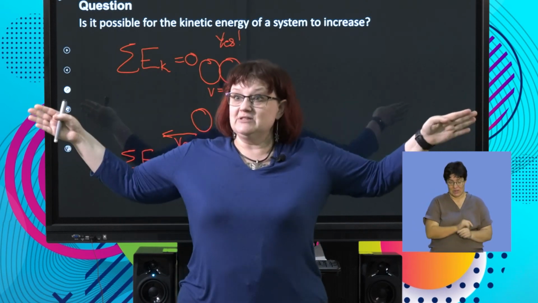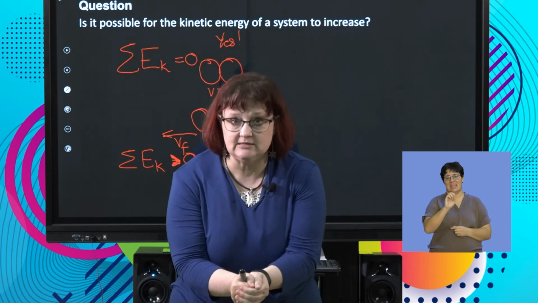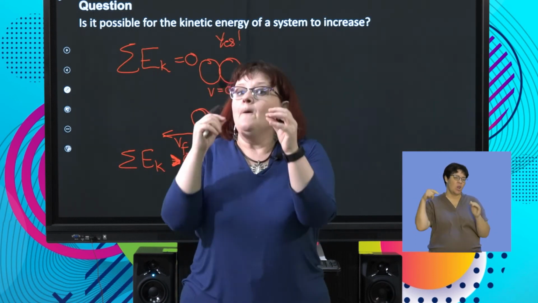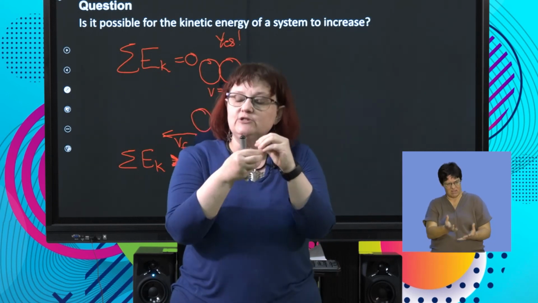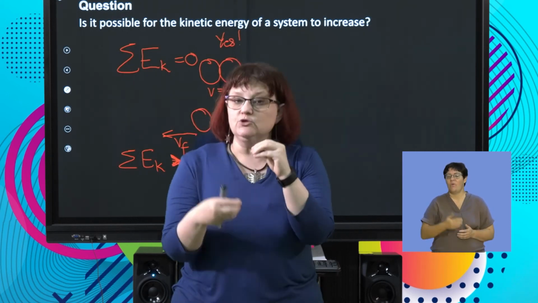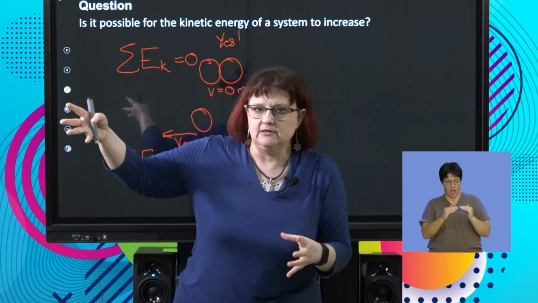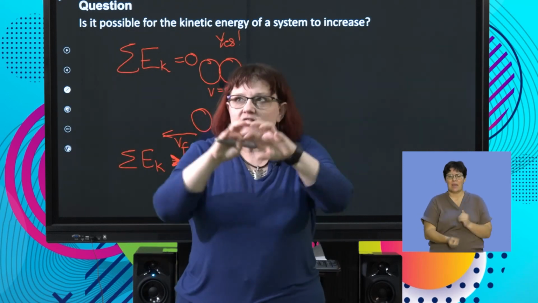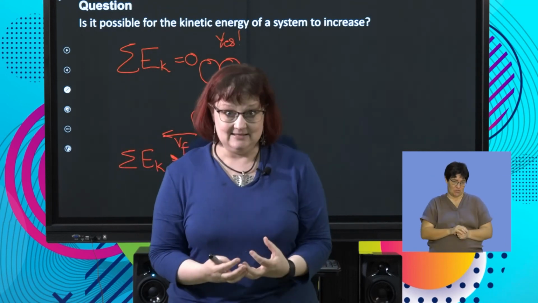When we've got two objects that are colliding, okay, then the kinetic energy can't increase because we're going to lose to sound and that sort of thing. Why am I telling you this? Because I don't want you to get a fright when you do a calculation and you end up increasing the kinetic energy. Because it's possible. Just look at the whole situation. Look at it in context.